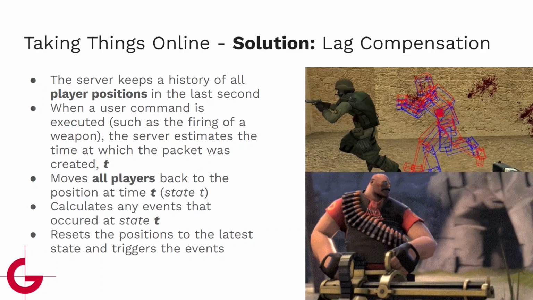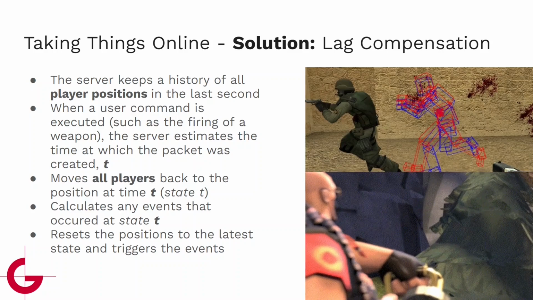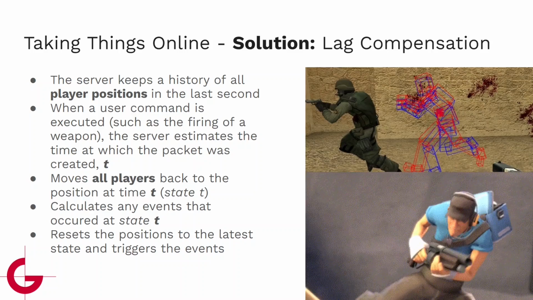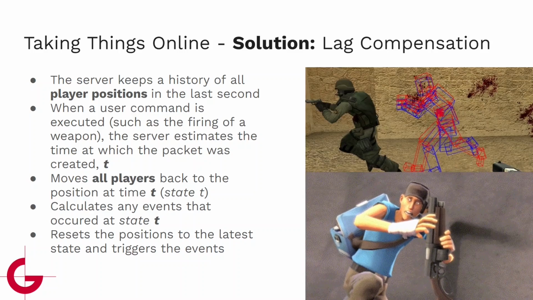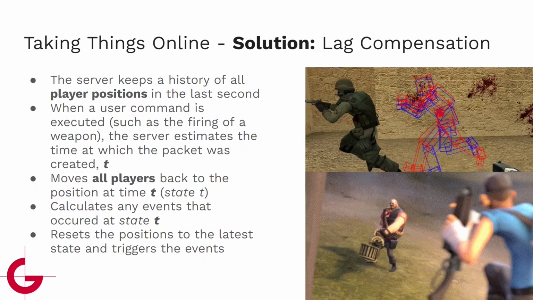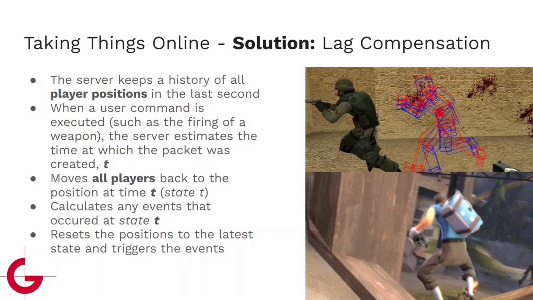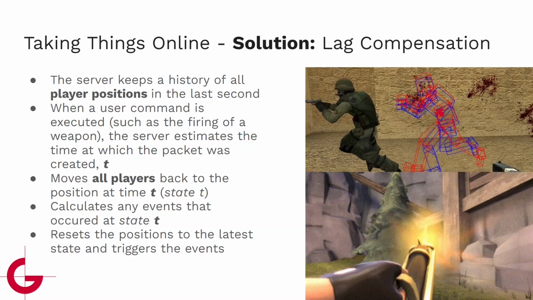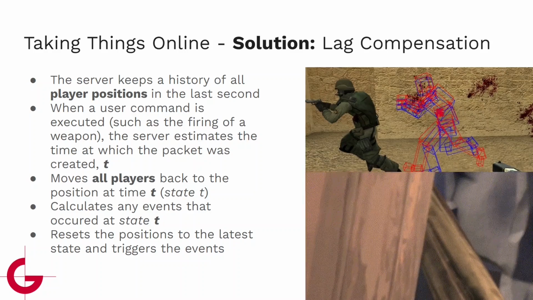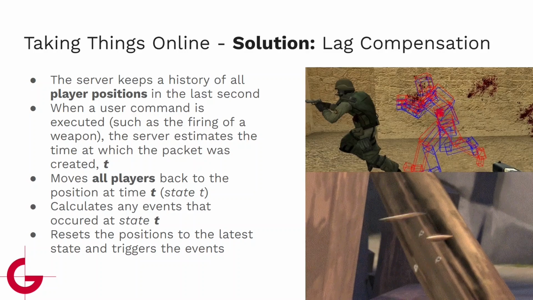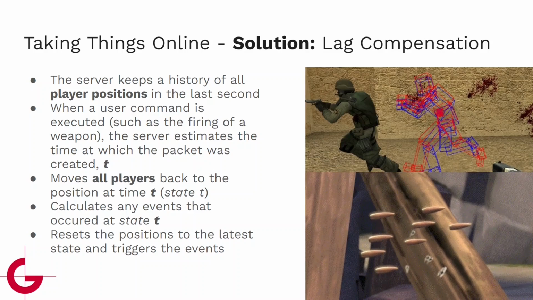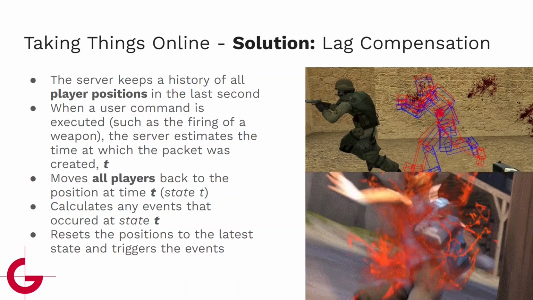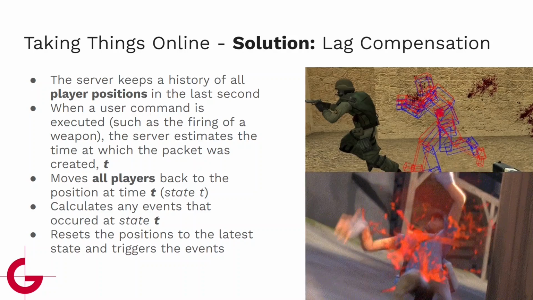So the server keeps a history of all player positions in the last second. And when a user command is executed, such as firing of a weapon, the server estimates the time when the packet was created. A packet is basically information that you send to the server to have them process.